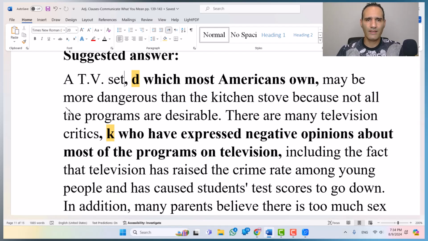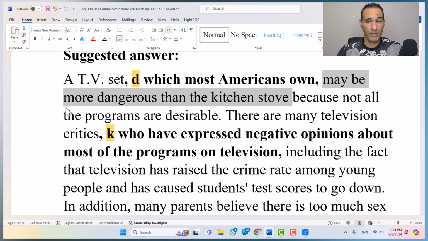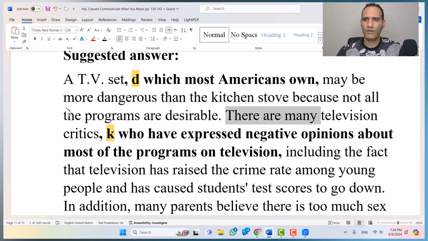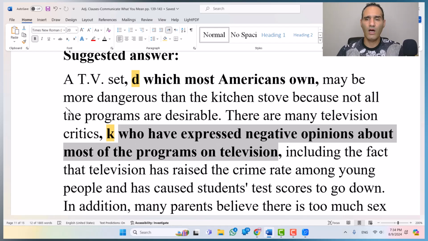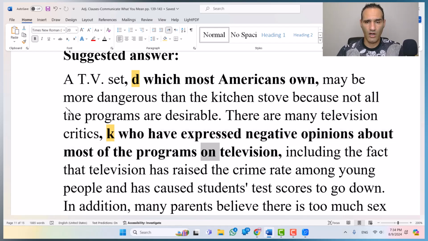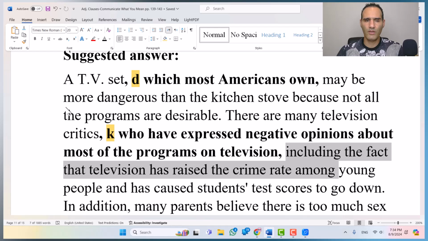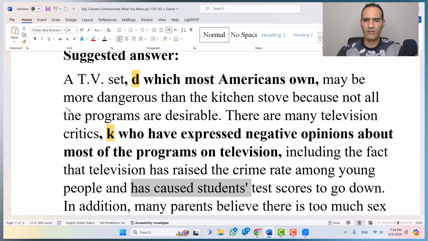A TV set, which most Americans own, may be more dangerous than the kitchen stove because not all the programs are desirable. There are many television critics who have expressed negative opinions about most of the programs on television, including the fact that television has raised the crime rate among young people and has caused students' test scores to go down.